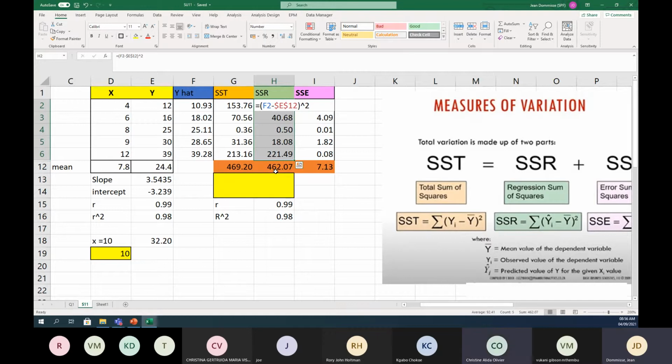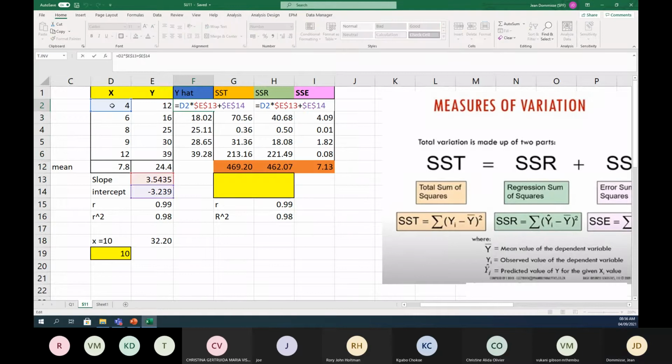Yes, thank you. Okay, so what I've done is I've created in here your y hat for you, so that it already says that slope times the x plus the intercept.